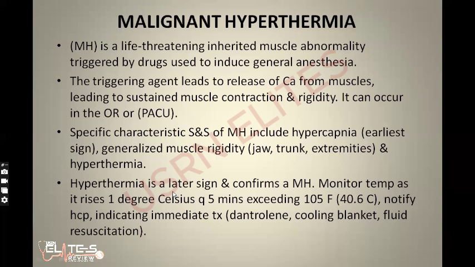What else can we see about treatment of malignant hyperthermia? You have to cool them. We want to keep temperatures between 36 to 38 degrees Celsius. So you lower the room temperature and apply ice packs around the patient's body.